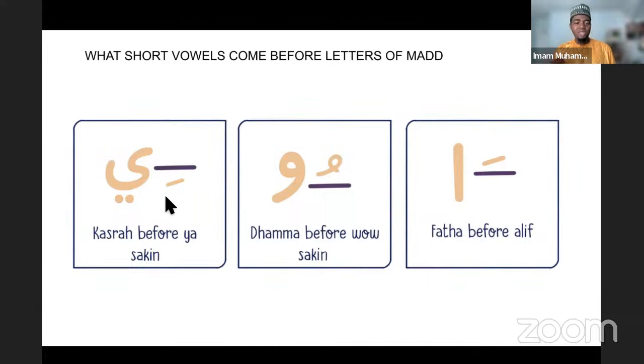You remember last week I talked about sakin, meaning something that's silent, right? So when the alif is not having anything of short vowel sound, not a fatha, not a kasra, not a dhamma, it's having nothing, or it might have a small sukun, that alif or that waw or that ya will be what? A mad letter.